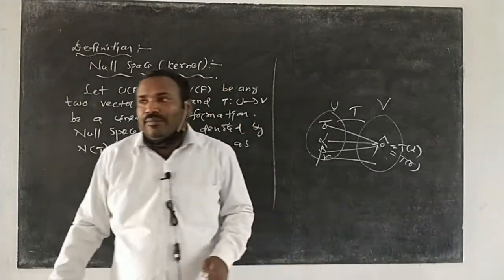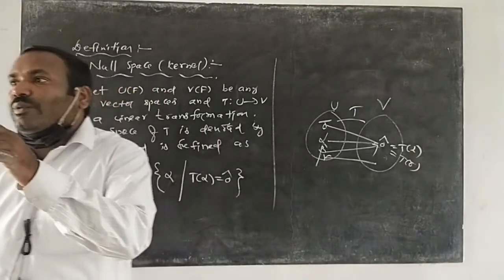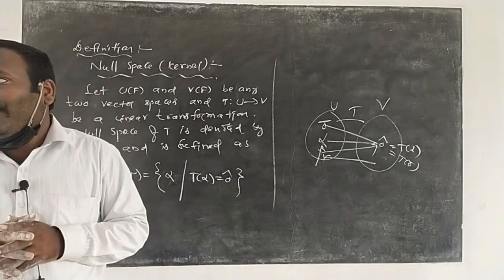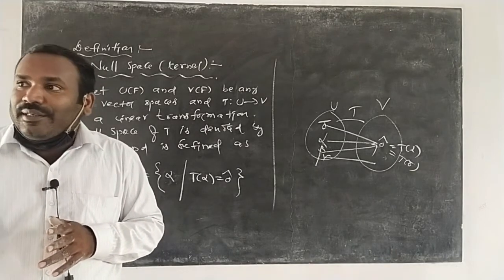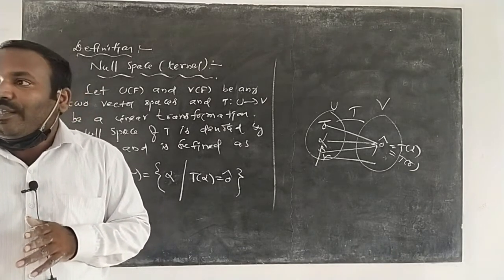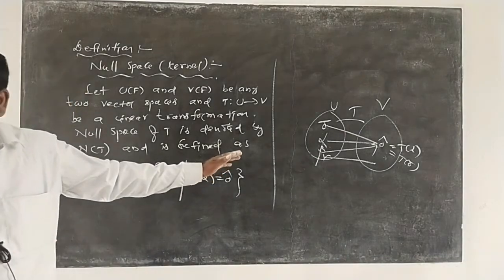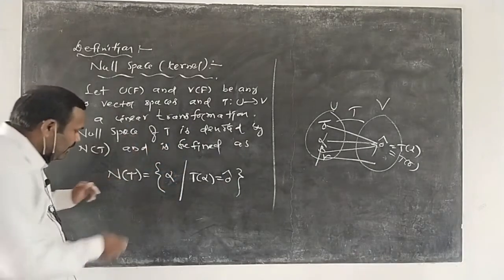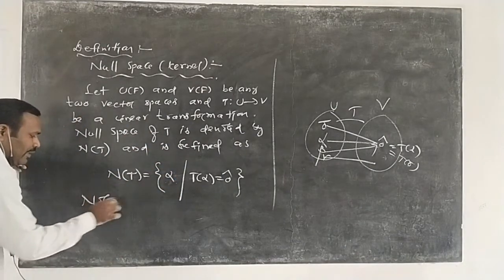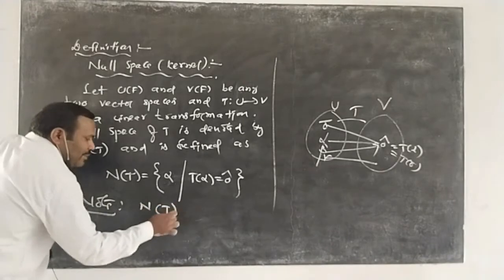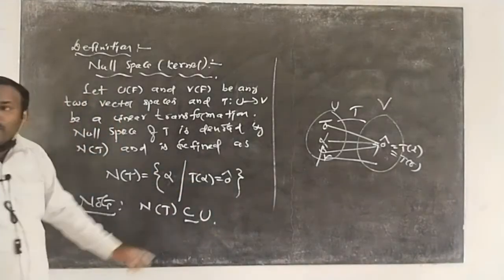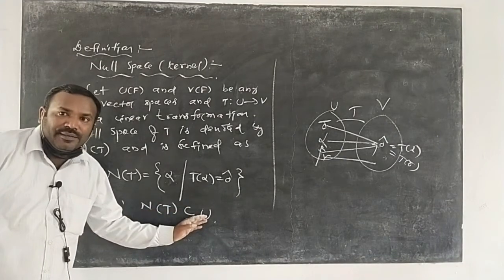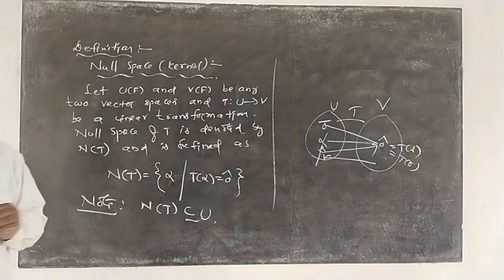No. Gamma does not belong to N(T) because gamma is not assigned to 0 cap. So write a note: N(T) is a subset of U, the elements of N(T) are elements of U. Okay, I understand this.